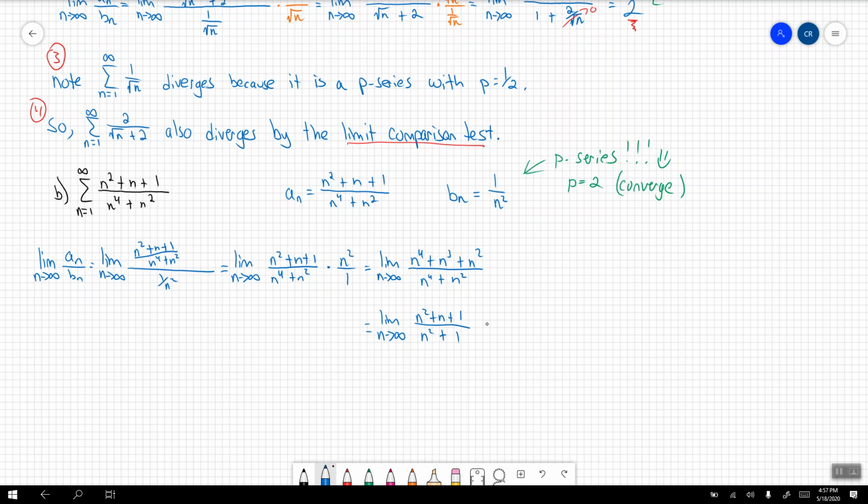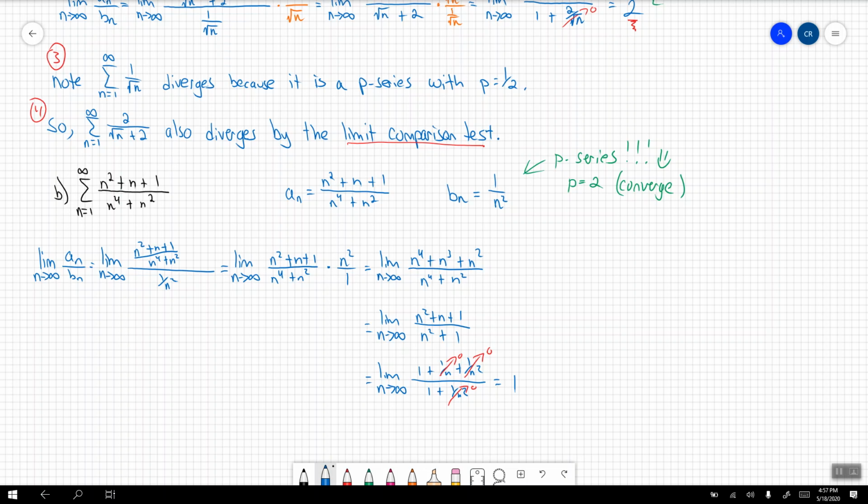Now, in this particular case, what I'm going to do is I'm going to divide both numerator and denominator by n squared. In doing so, we're now left with 1 plus 1 over n plus 1 over n squared divided by 1 plus 1 over n squared. Now, as we take the limit here, as n goes towards infinity, these terms all go to 0, which means my limit here should just be 1.